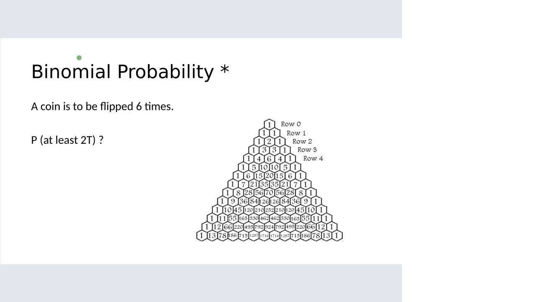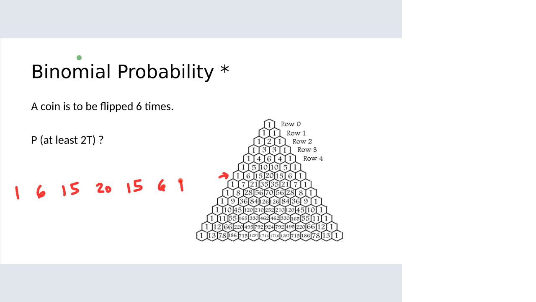Okay, so when we look at this one, we can see that a coin is going to be flipped 6 times. And since it's going to be flipped 6 times, we want to make sure we're using row 6. Same as last time, which is 1, 6, 15, 20, 15, 6, and 1.